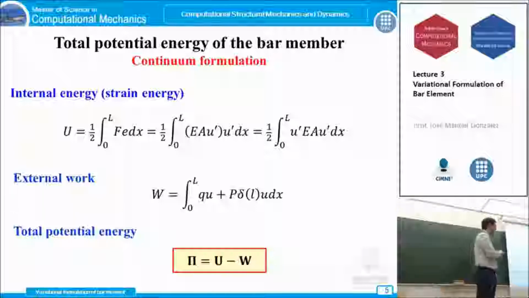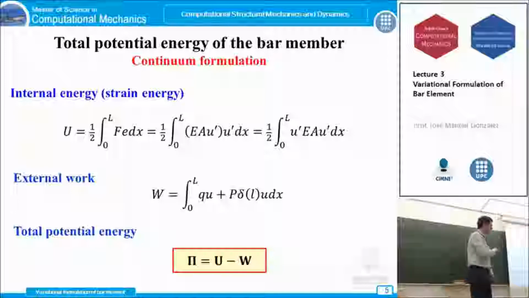Our internal energy is calculated as 1/2 of the integration from 0 to L of this first derivative of displacement times the rigidity. This shape of the internal energy shown here is perfectly extendable to all the problems.